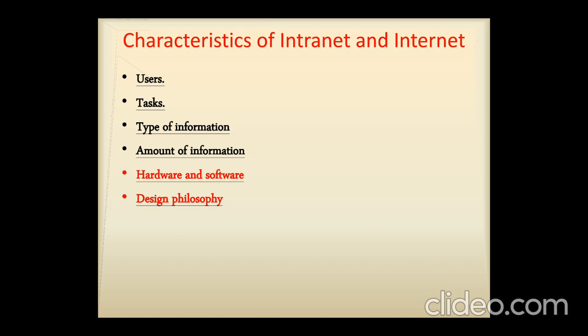And then the hardware and the software make them different. Because intranets exist in a controlled environment, the kinds of computers, monitors, browsers, and other software can be restricted or standardized. The need for cross-platform compatibility is minimized or can be totally eliminated. So the design philosophy.